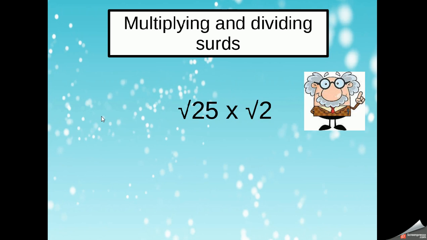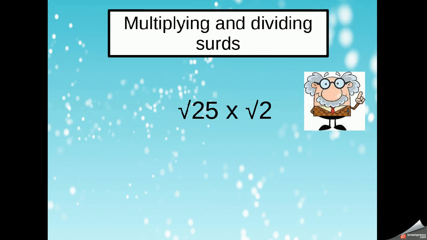Now, the key to this is to then split the 50 up into two or more numbers, the product of which will make 50. In other words, we're looking for factors of 50 that will multiply to give 50. So we could have had 1 and 50, we could have had 2 and 25, because those numbers multiply to give 50.